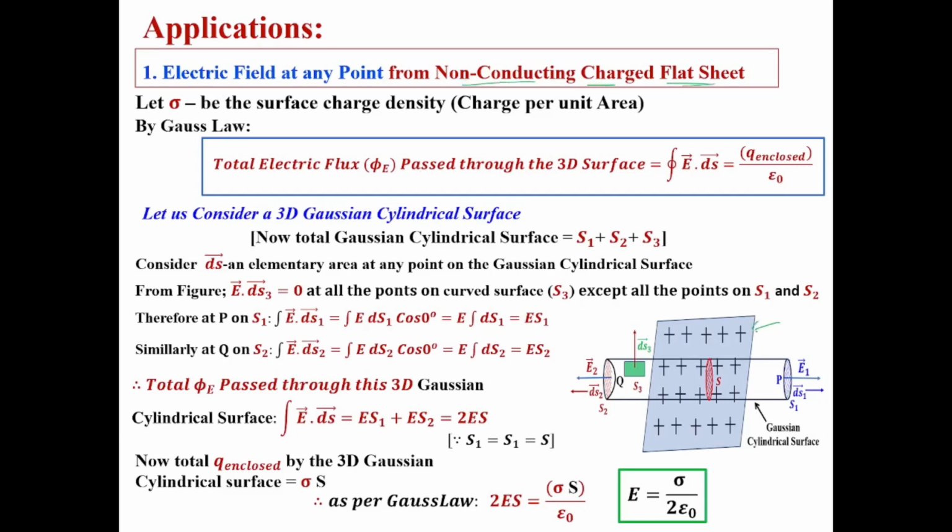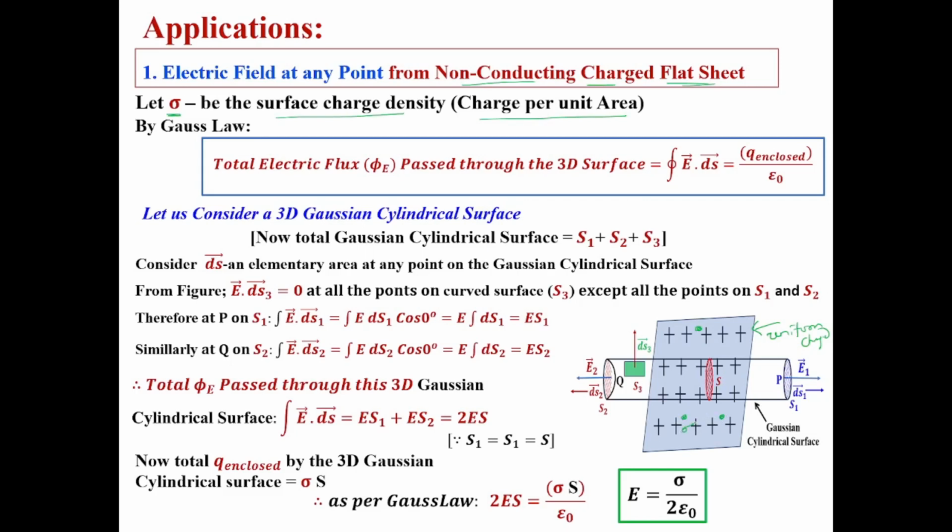This is a non-conducting, or we can say dielectric, charged flat sheet, which is uniformly charged and has sigma as the surface charge density, that means charge per unit area. If we consider a unit area here or here or here, in this unit area we can find the charge, sigma.